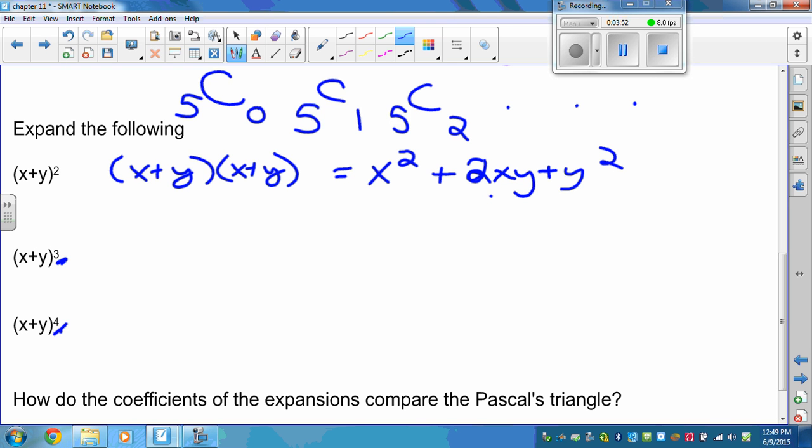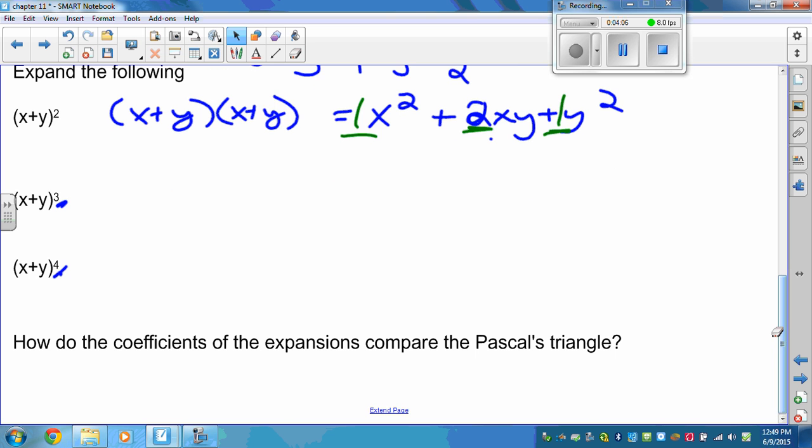I want you to expand, paying special attention to the coefficients. So this is 1, 2, 1. And maybe we saw that pattern somewhere. How do the coefficients of the expansions compare to Pascal's triangle? So we're going to find a really quick way that we can expand binomials. So that is what I would like you to have done before you come to class.